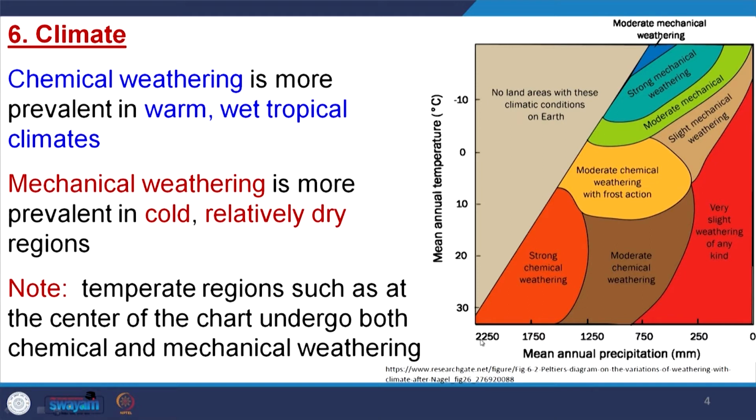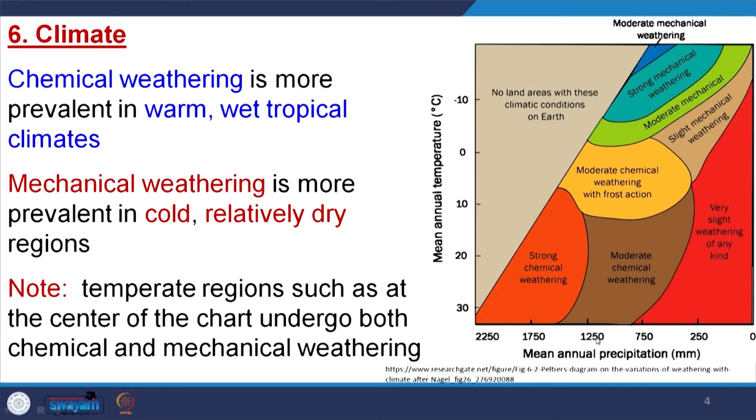But if you see here high rainfall, 1750 to 2250, and high temperature, you see strong chemical weathering. That means the rock will be chemically weathered at high rainfall and high temperature, that is, a warm and humid climate.